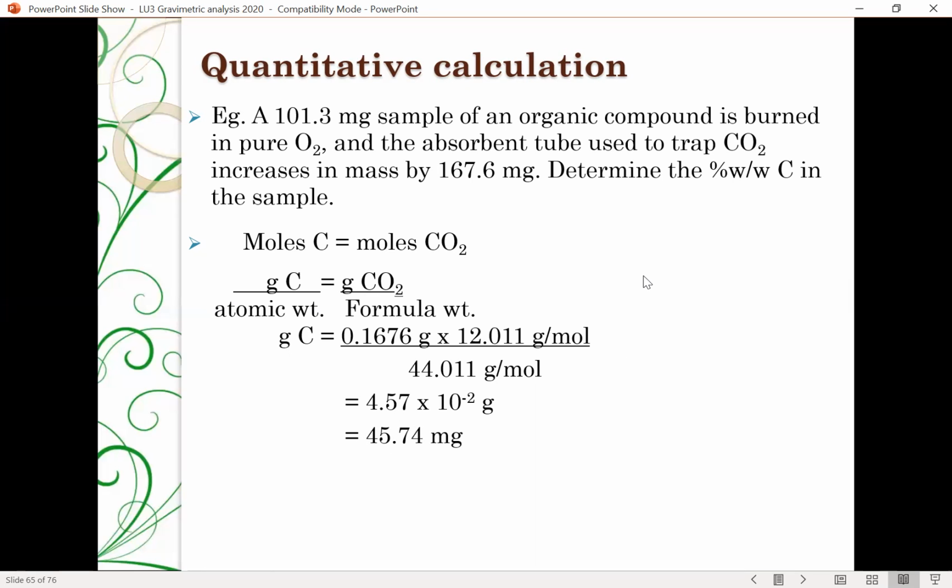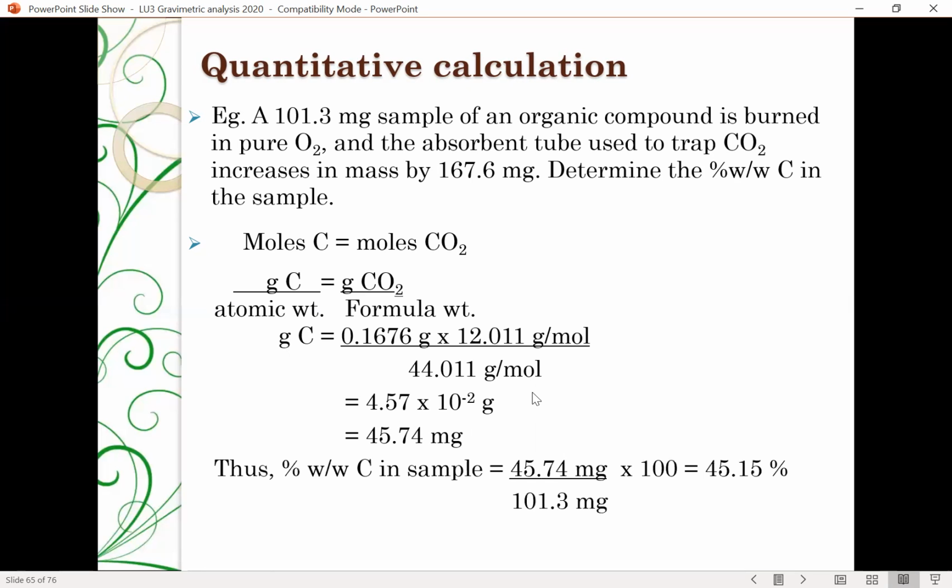But in this question, we don't only want to know the mass of carbon, we want to determine the weight percentage of carbon in the sample. So we divide the mass of carbon by the mass of our sample and multiply by 100% to get the percentage of carbon in the sample.